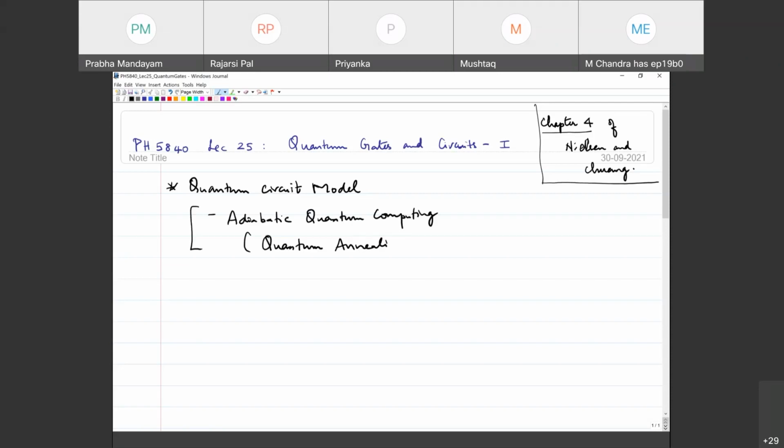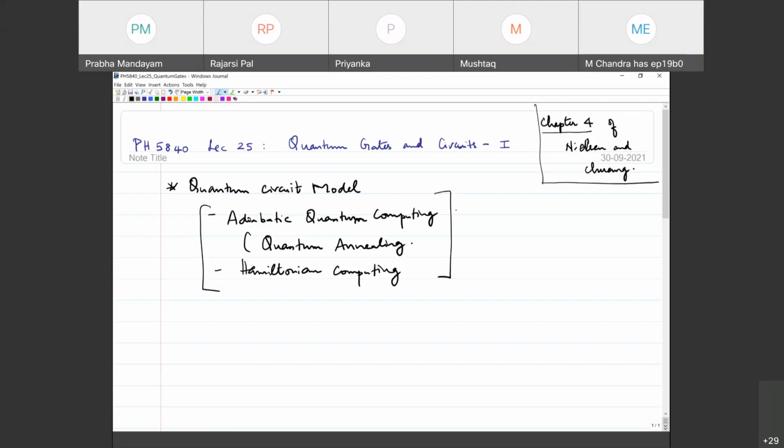Okay, and a very closely related model is Hamiltonian computing. Now, these are unfortunately aspects that I will not cover in this course. So I encourage you to read up online. There are several resources on this. If anyone is interested, you can reach out to me. I can send you some resources on this.